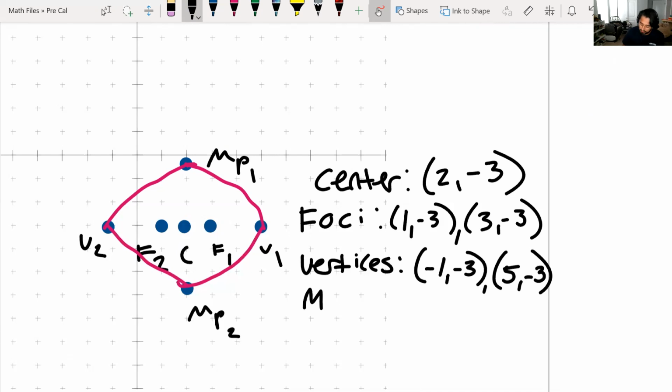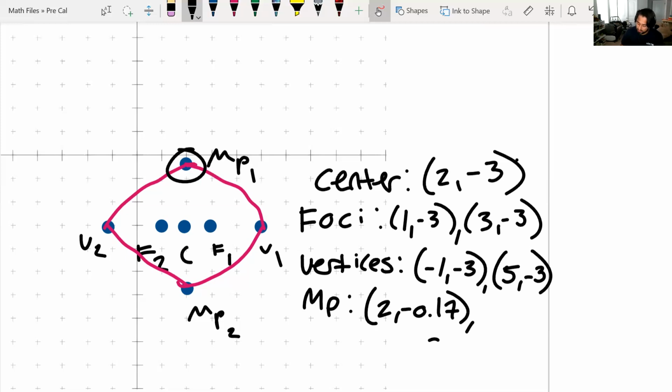And then minor points, we see the first one here at 2. And what's that going to be from the center? So we have our y value of -3, and we go up 2.83. So whatever -3 plus 2.83 is going to be -0.17.